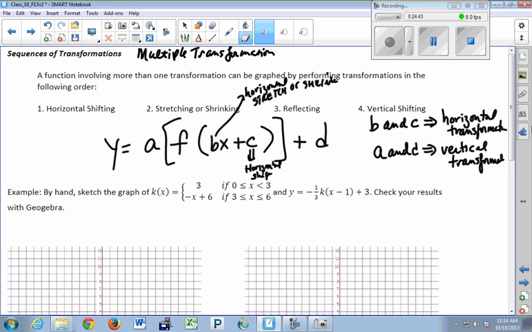Okay? We can be a little more specific. We can say what type of vertical transformation A does, and what type of vertical transformation D does. A will do a vertical stretch or shrink depending on its value.